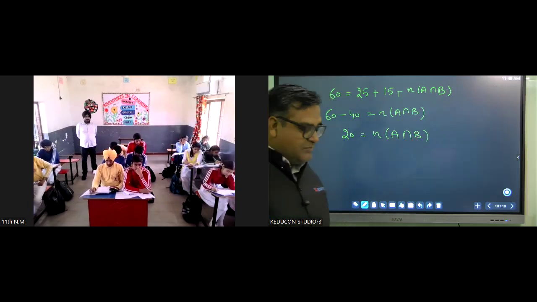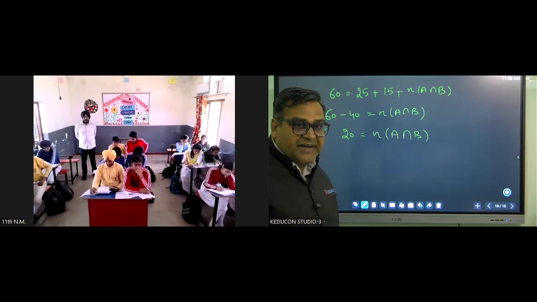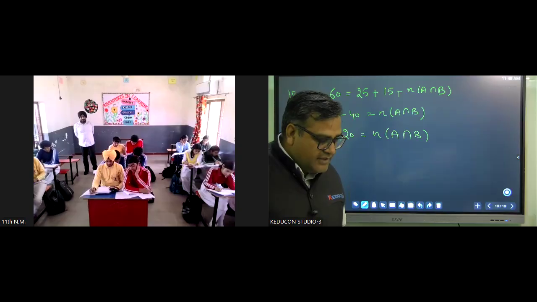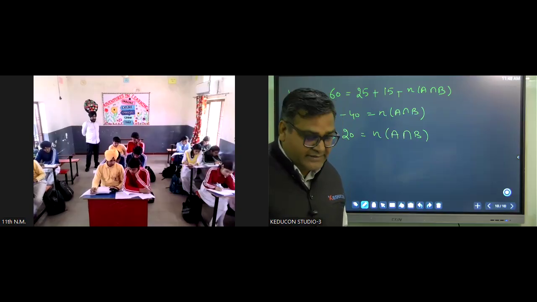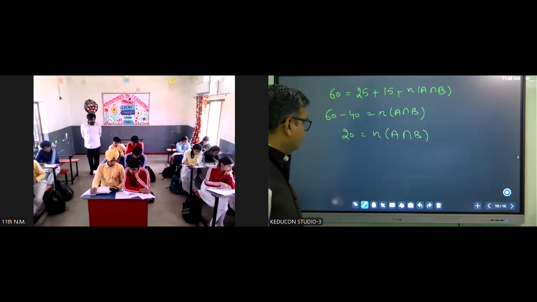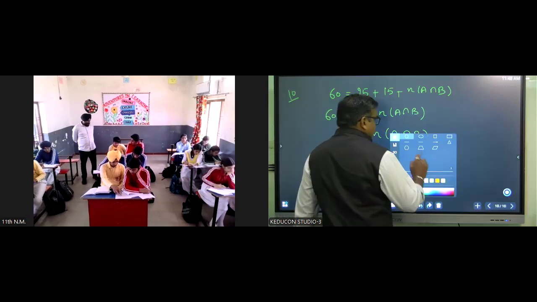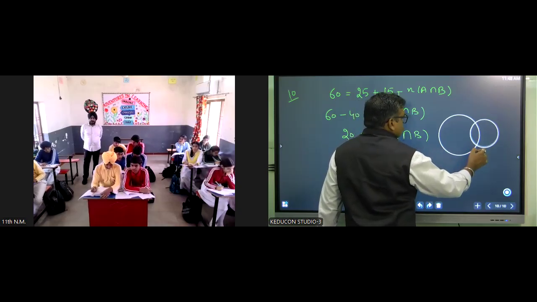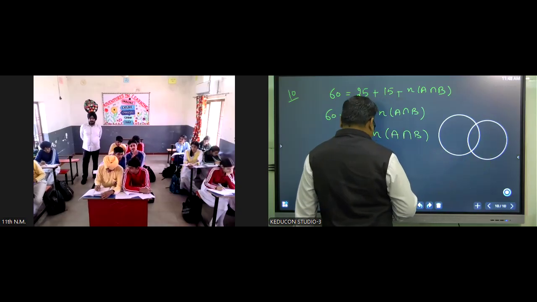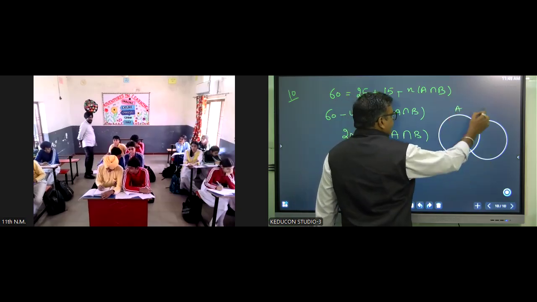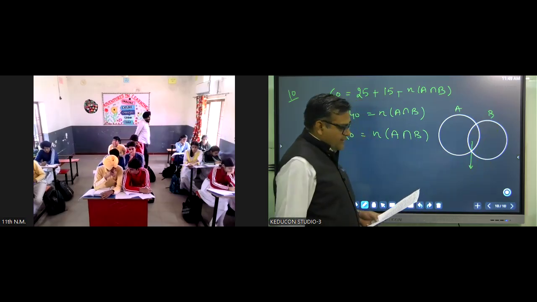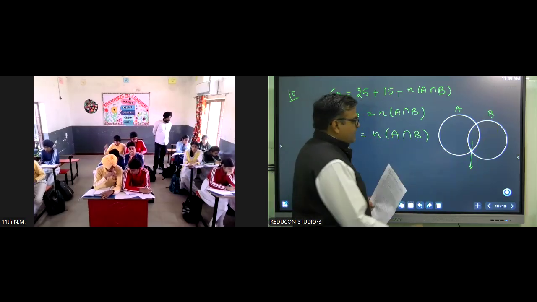Now come to the reason part. Read the reason and tell me whether you have understood this statement or not. n of A intersection B is 12. n of B is 37. देखिए अगर हम डायग्राम बनाते हैं बच्चों, what is it saying? n of A intersection B is 12.